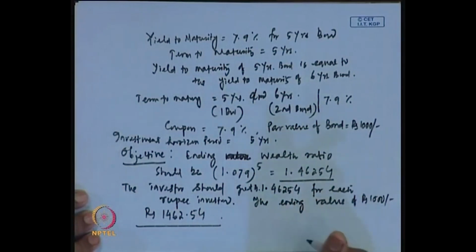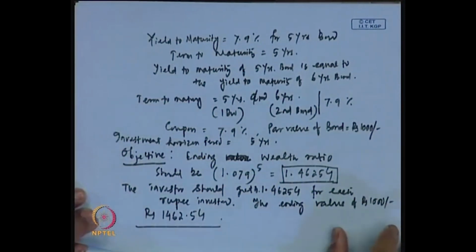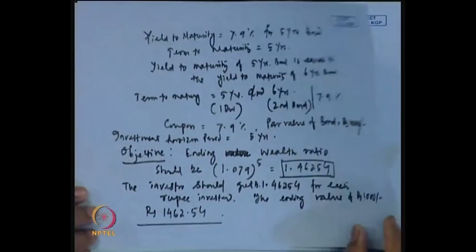This much should be the wealth ratio, and the value of the investment should be 1462.54 at the end of the 5 years. That is the objective the investor has.